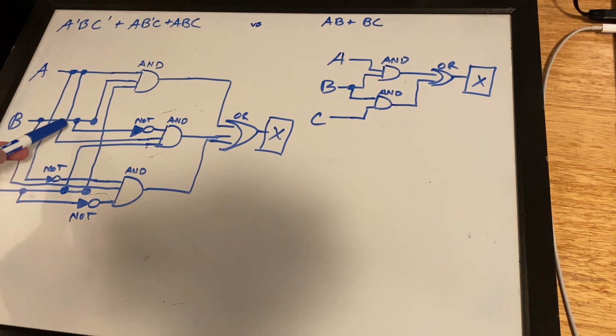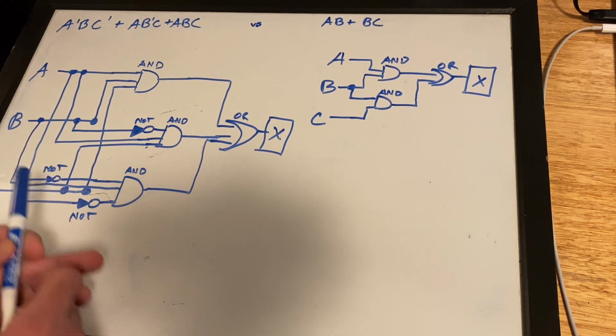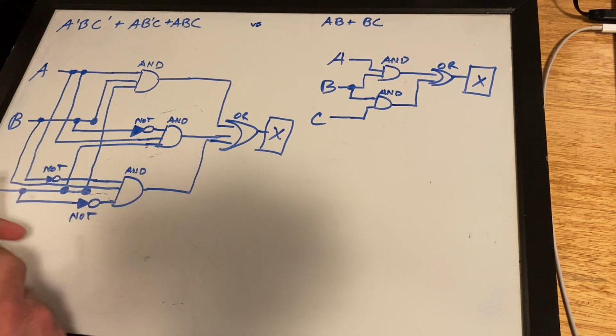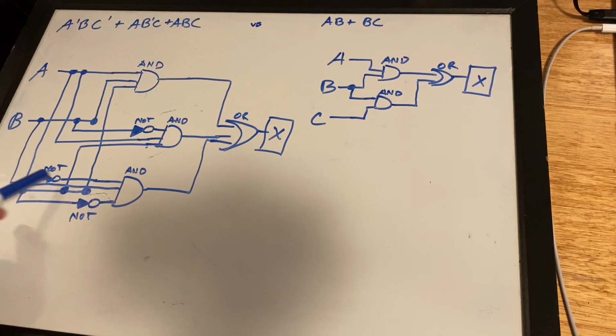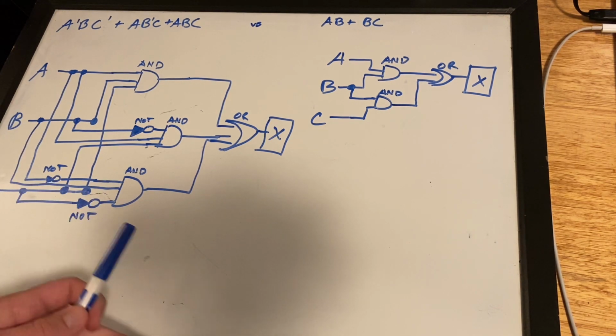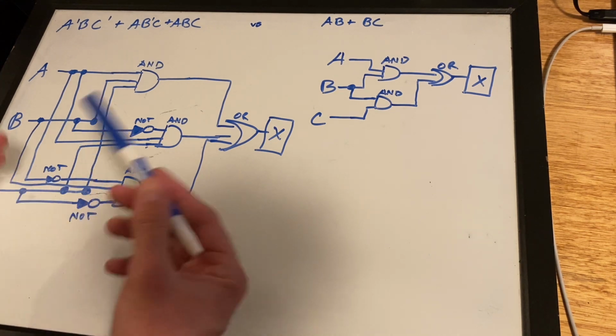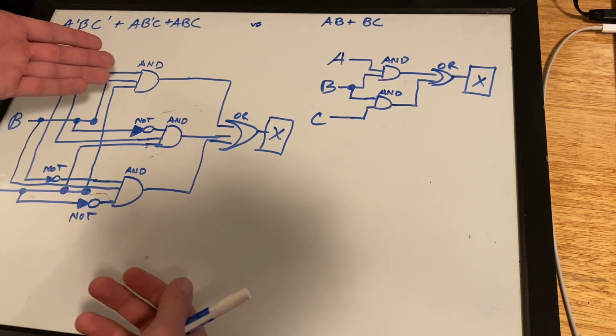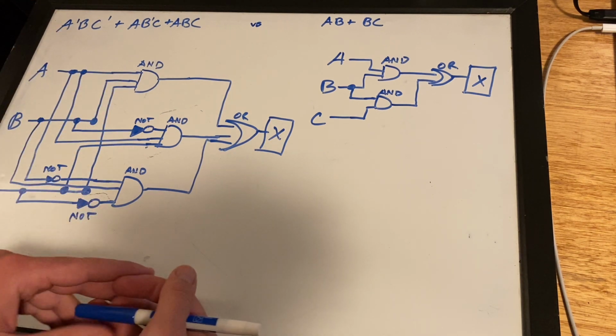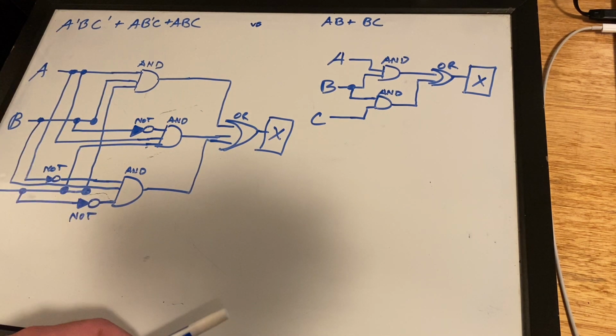This is going to be our A, not B, and regular C, as you can see. And then at the very bottom, we're going to have our not A and not C with a regular B. And so you can see already we've used about 3 not chips, and then we've also used 3 AND logic gates coming out to an OR, and then our result.